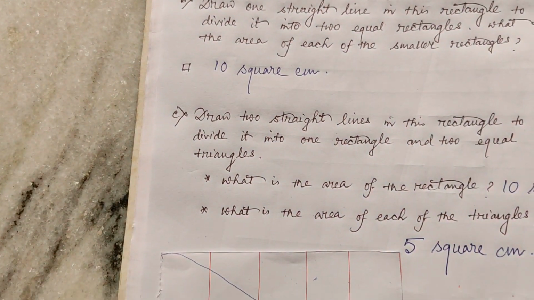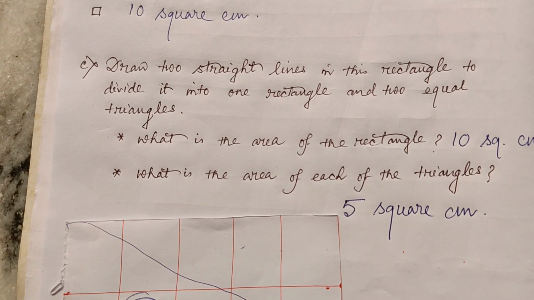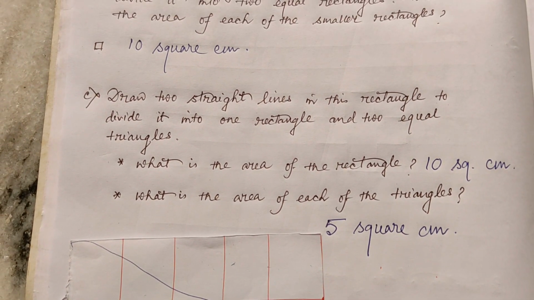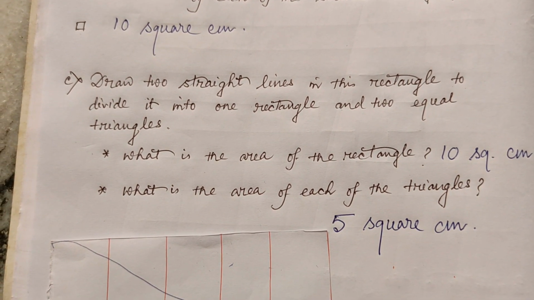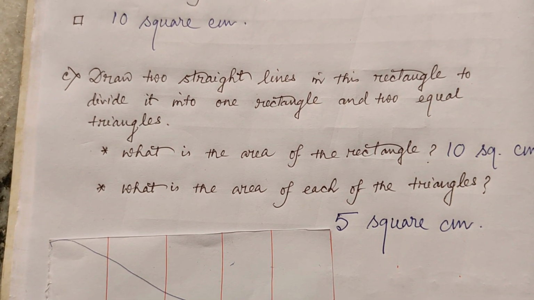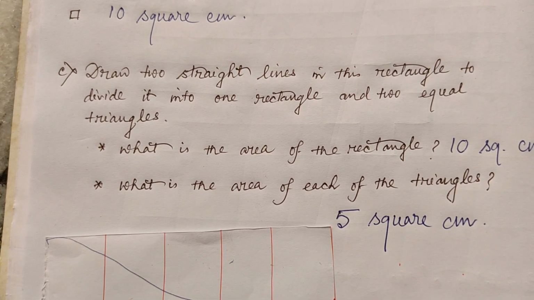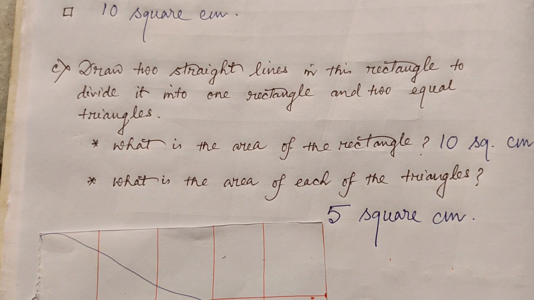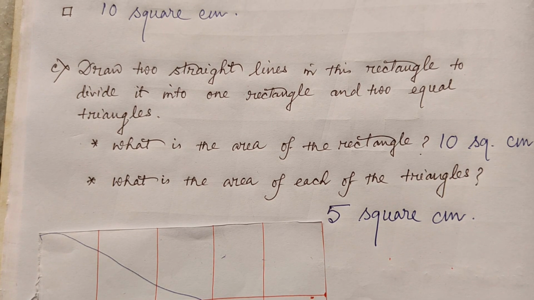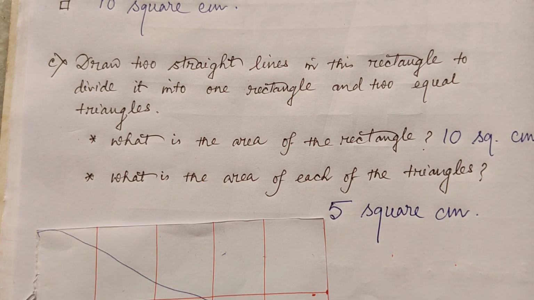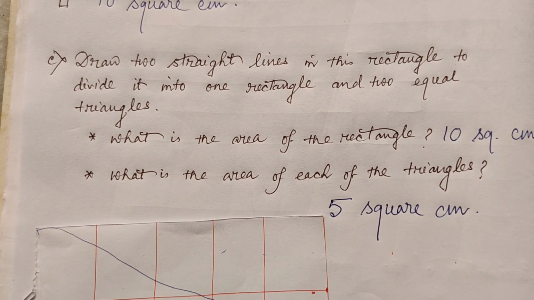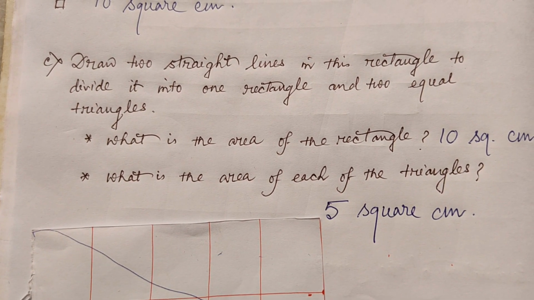So, question number 1, what is the area of the rectangle? Here rectangle means the smaller rectangle. The area of the smaller rectangle is 10 square centimeter. And the second part, what is the area of each of the triangles?